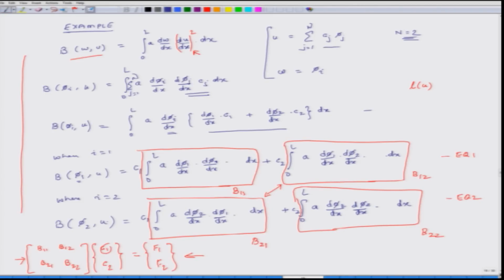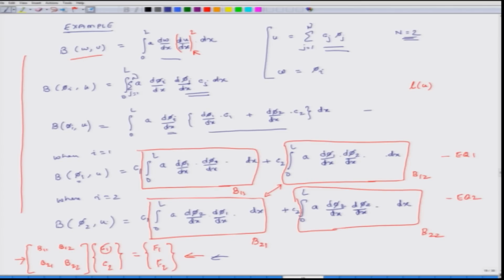Because when we replace U with the sum of Cj phi j, we will get squares and cross multiples of Cj's. You may get C1 square plus C2 square plus C1 C2 plus C3 square plus C1 C3 plus C2 C3 and so on. So, these equations will not be linear, and neither will they be symmetric.